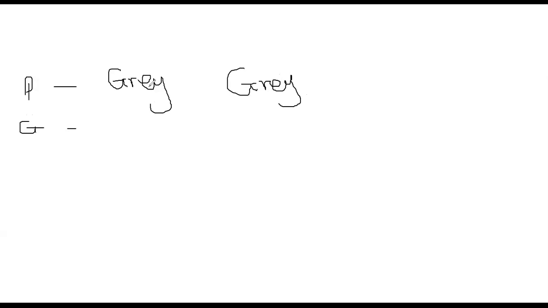So both alleles have to be different. So we need a dominant and we need a recessive because we're dealing with gray. Let's just say two of them are both dominantly gray, but with them being heterozygous means that they are carriers for charcoal fur. So what's going to happen to their offspring? That is what we're going to see.